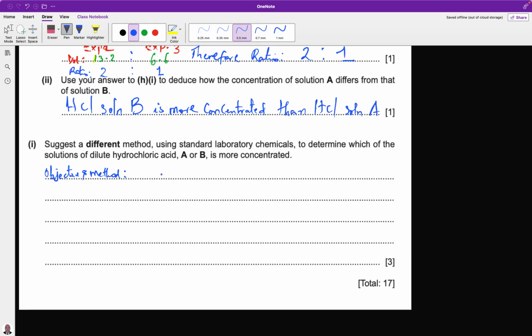Our method will be to determine the accurate concentration of 2 hydrochloric acid solutions, A and B, of unknown concentration using the acid-base titration method.